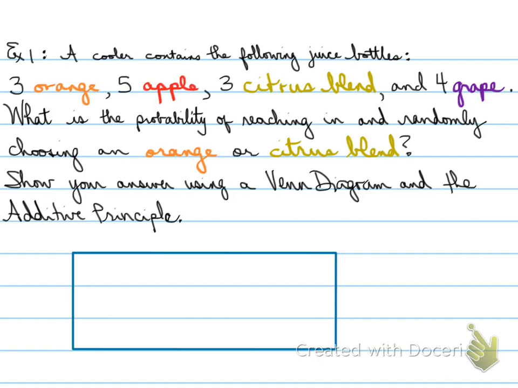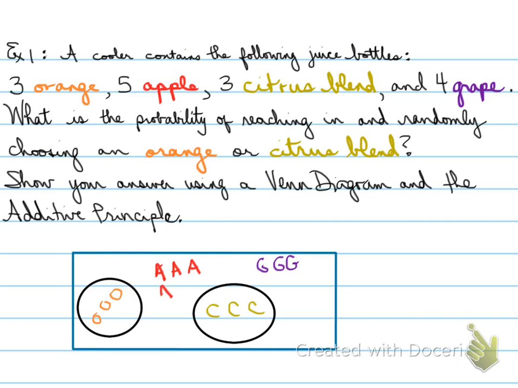So to use a Venn diagram, what we do is we have the sample space inside the Venn diagram. So 3 orange is what we want. We have 5 apple, there we go. 3 citrus blend, which is what we do want, and 4 grape, which we don't want.